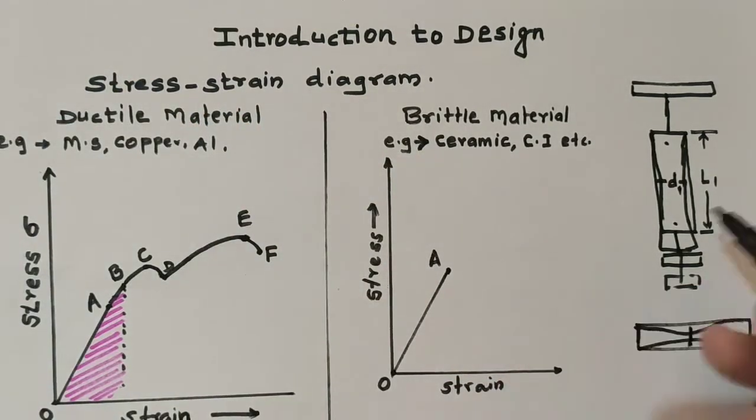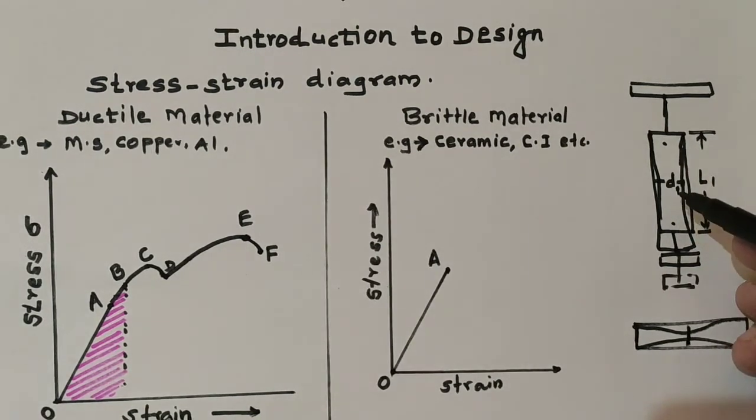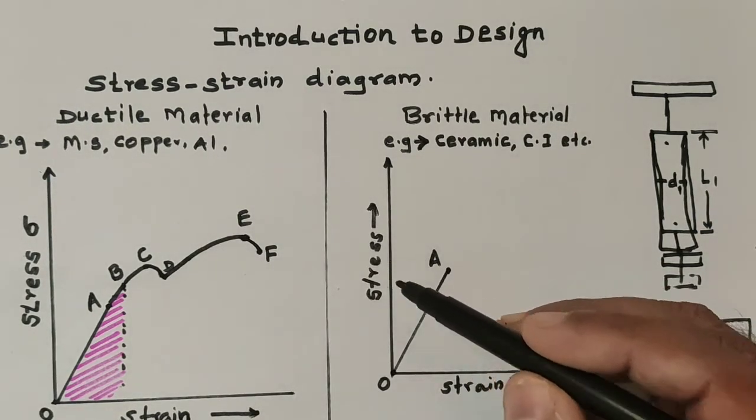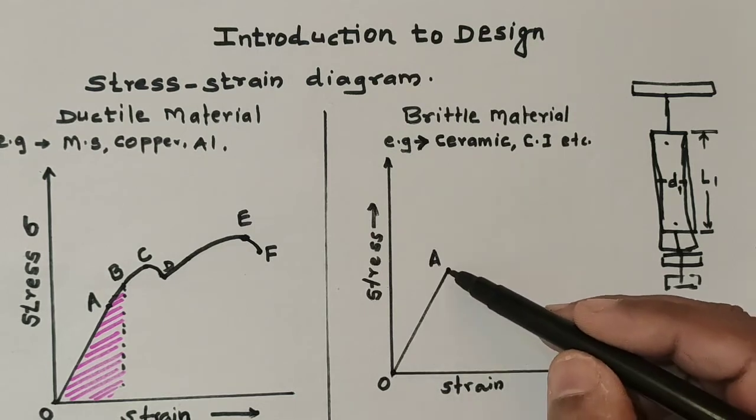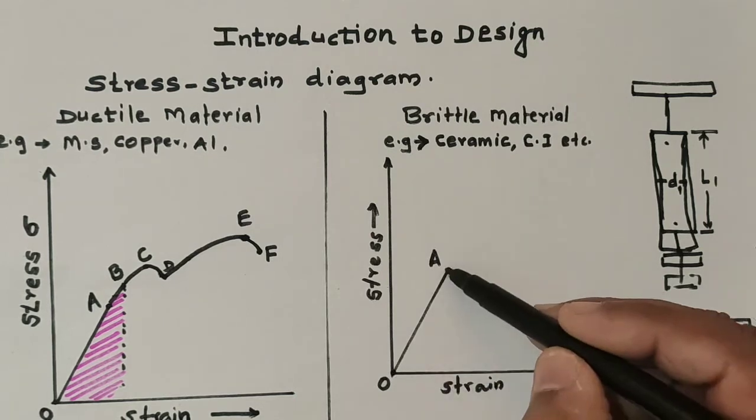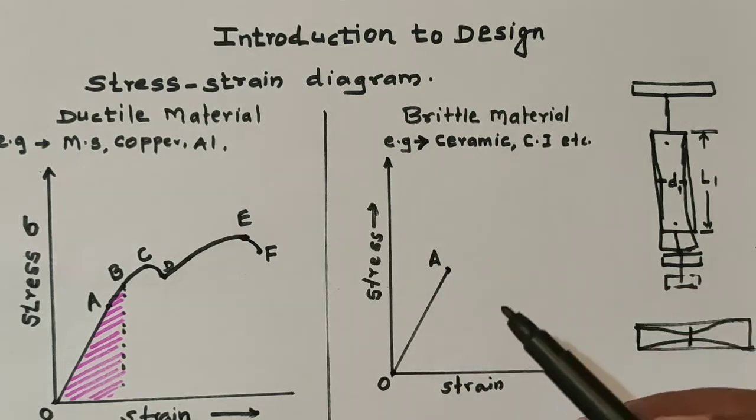Here we will take a specimen of cast iron, and load is applied on the cast iron. Initially we observe stress directly proportional to strain from O to A, and this is known as the proportional limit.